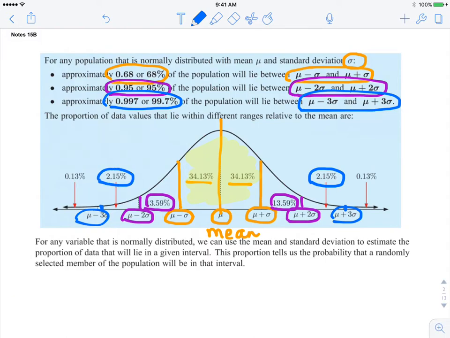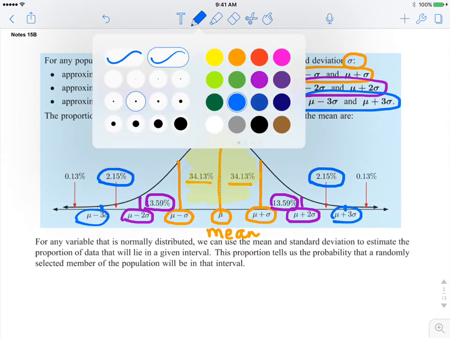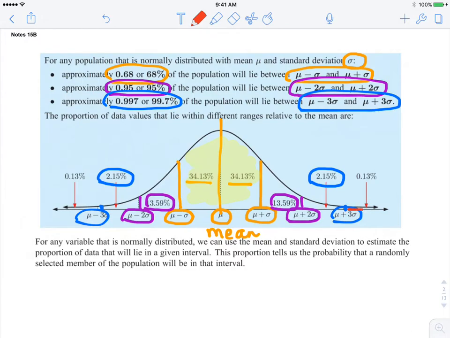This region here is 2.15%. There's one last region. Above 3 standard deviations is 0.13%, and below would be another 0.13%.